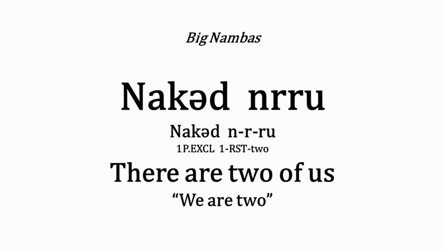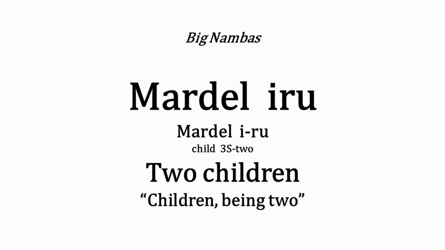Speakers would say, "we are two," to mean there are 2 of us, and if they wanted to say the 2 children, they'd say something like the children being 2. In other languages, numerals may act as nouns, adjectives, or be their own class of words.